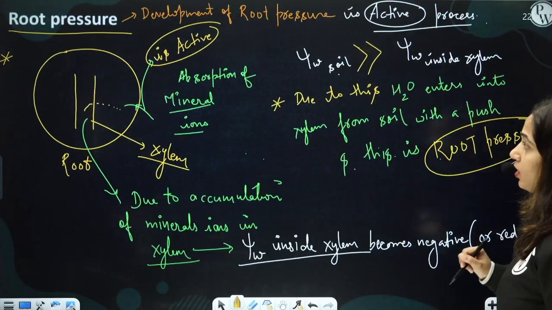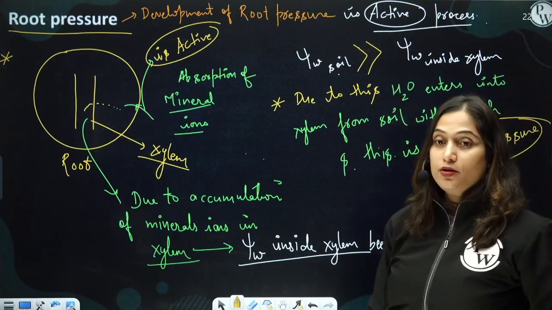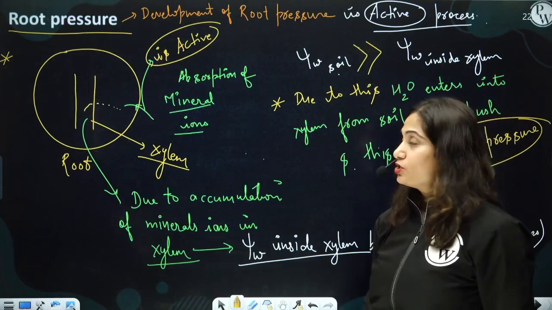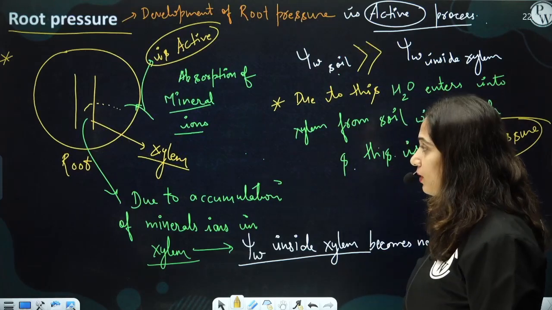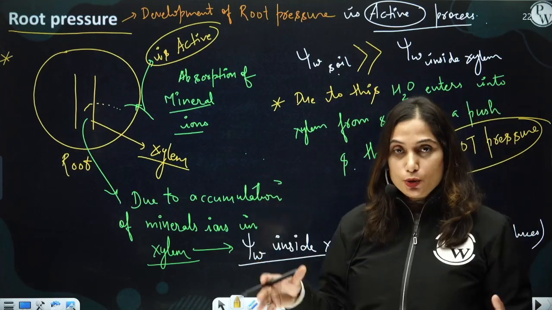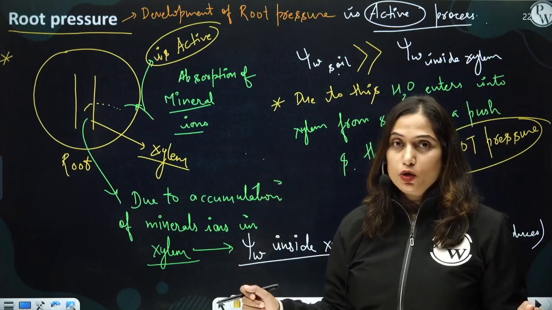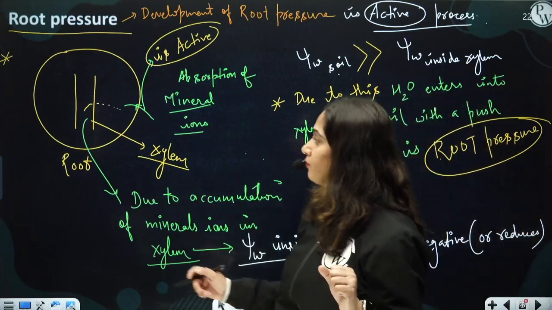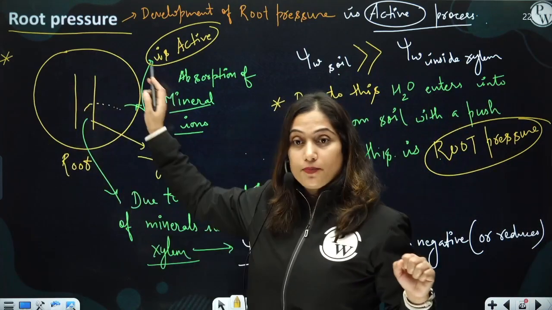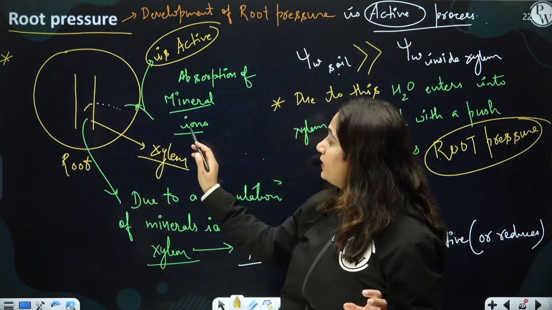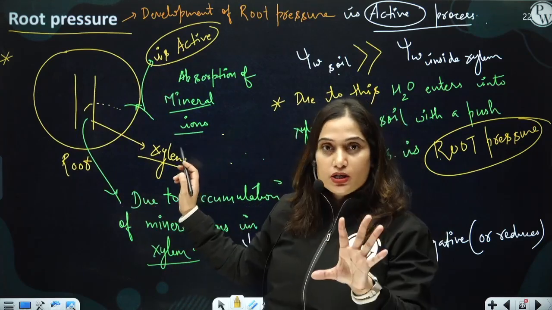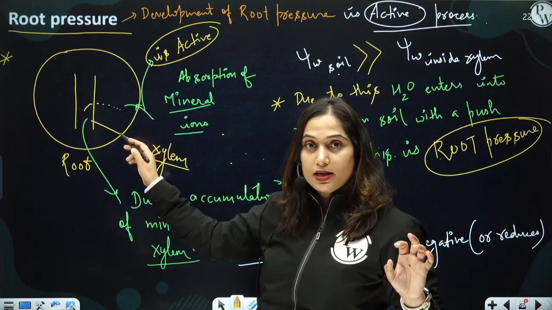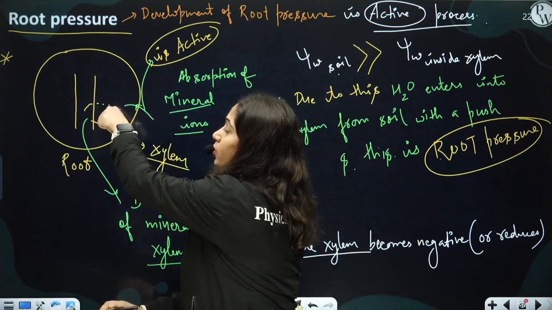First, understand what is root pressure. Let's understand this and what are the questions that have come from this portion. Now what is root pressure and how does root pressure in the root get generated? Understand this. This is a root, and this is soil. First of all, mineral ions are taken up from the soil by the root.